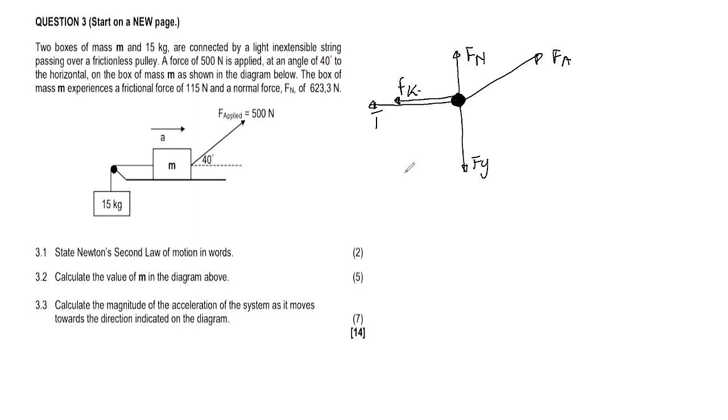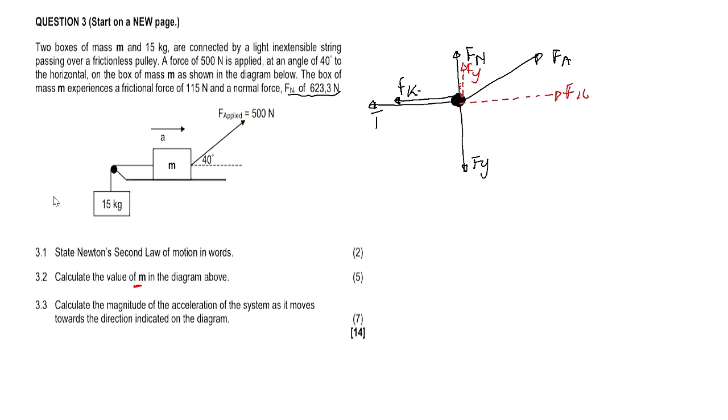Now to calculate the value of M in the diagram here is by looking at the vertical forces. Remember, if we have our force applied at an angle here, that means we can resolve this to Fx, and then also that one to Fy, right? It's in the first quadrant, meaning when we resolve our components, we have Fx in that direction and Fy in that direction.